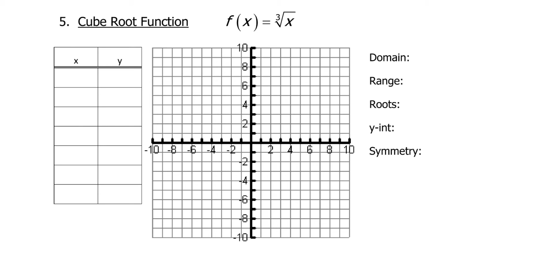Alright, last two problems. We've got our cube root function now. This one is going to, again, start at the origin and go 1, 1. Then we go over to 8, up 2. We would have gone all the way out to 27 and up 3, but we don't have the space for that.